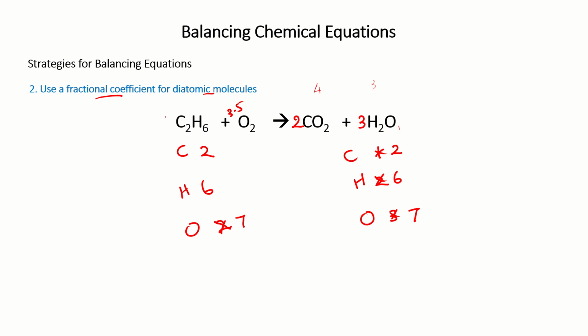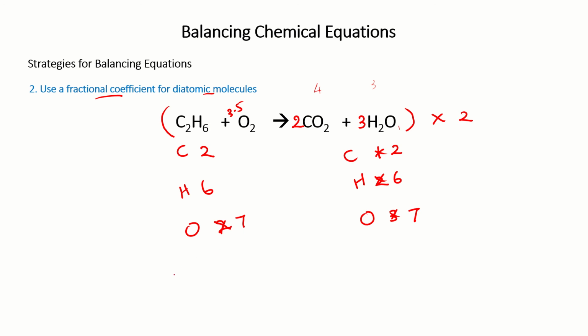So we can end up multiplying this whole equation by 2 to get the smallest whole number ratio. Since this 3.5 is a fraction, now we can multiply the whole thing by 2.